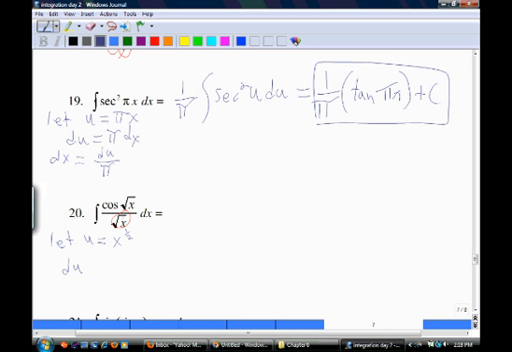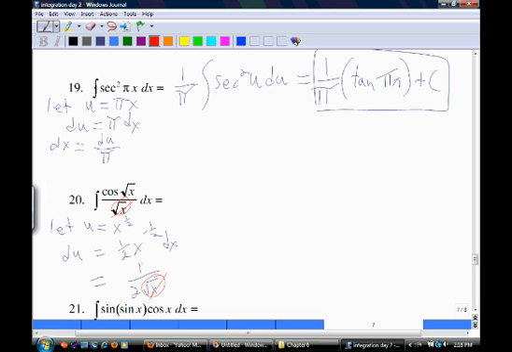We could say that that's equal to 1 over 2 root x. And then again, you can look at this on the bottom here, matches the one on the bottom there. Therefore, it cancels. But keep in mind, what happens with the 1/2 is you have to take the flip of it. So it's actually going to be 2 times the integral of cos u du.